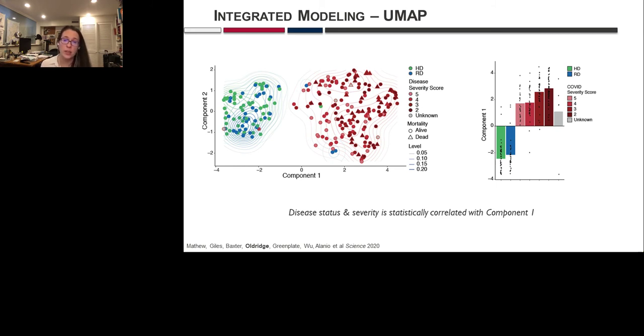So you can see that the healthy donors have, on average, the lowest component 1 score. Then you have the recovered donors, and then the COVID patients in stepwise progression of disease severity. And so we basically had taken these 200 immune features, created this two-dimensional distillation, and created a global immune landscape that we can now use to understand various parts of the clinical features, including disease severity.